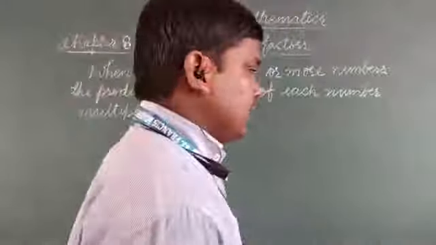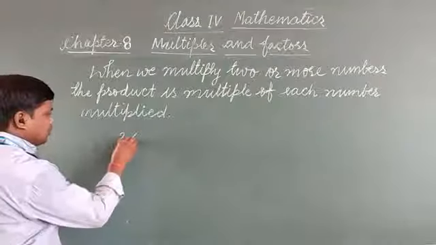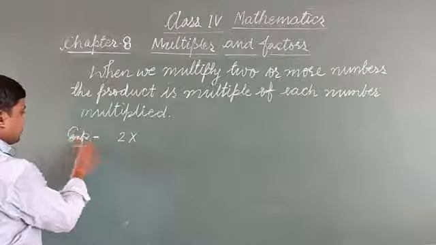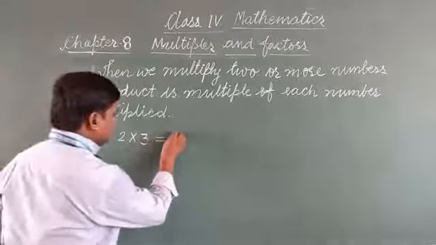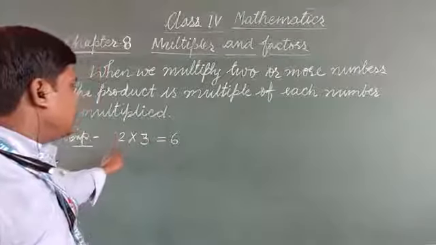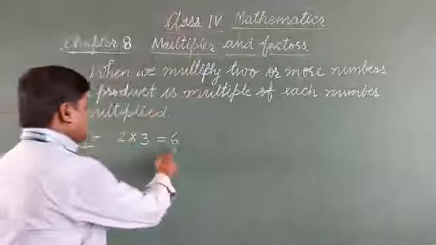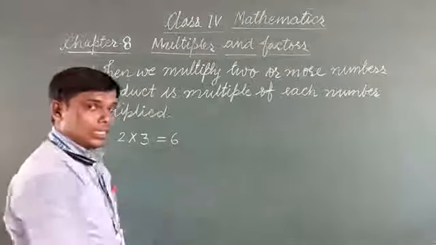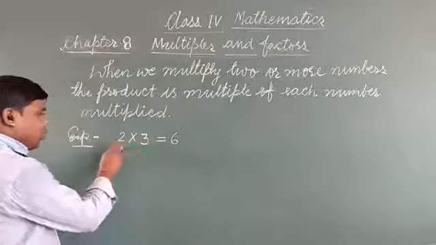You see an example here. When we multiply 2 by 3, the product will be 6. 6 is called a multiple of 2 and 3. And 6 is the product.